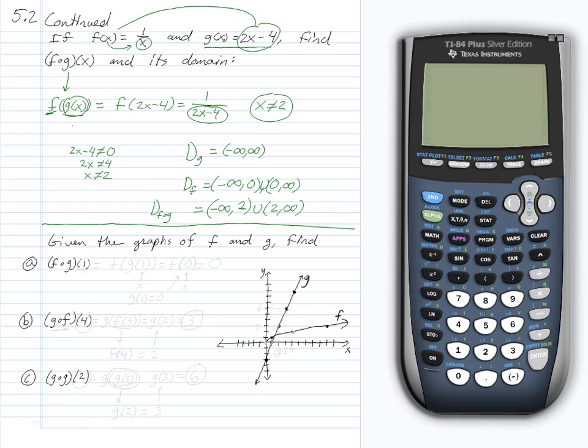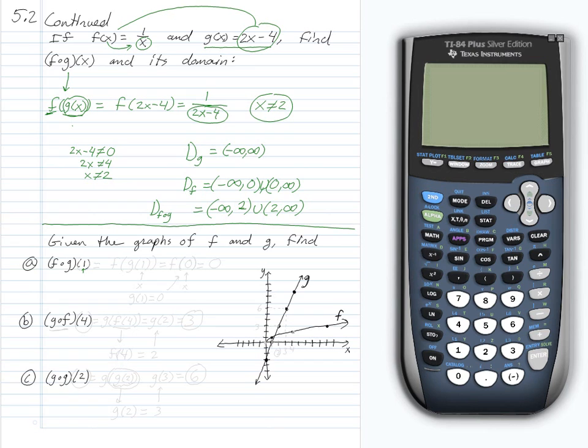So in our next example, we don't have formulas for either of our functions. Instead, we have graphs. So in this case, one option would be to derive the formulas, figure out what the equation for each function is, then compose one function with the other, then plug one, in the first case, into the result.